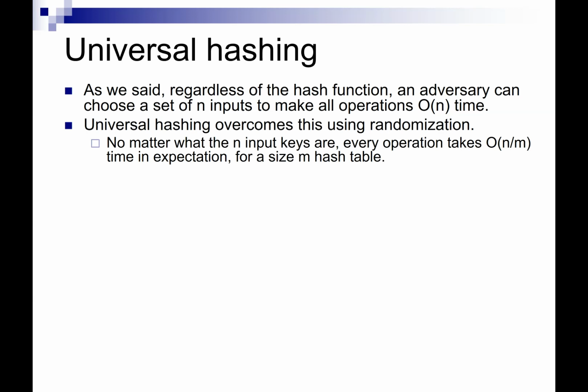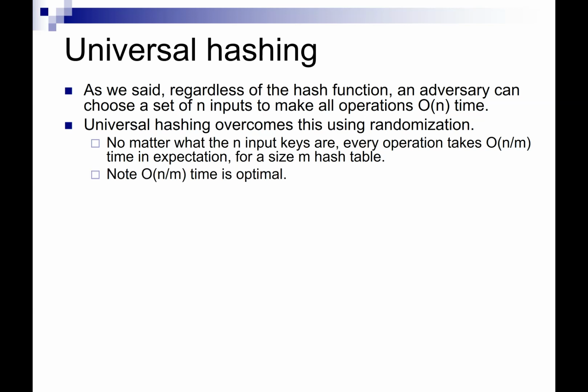So universal hashing is going to be a way to overcome this. It's going to make sure that the operations on average are not going to take order n time. They're going to take order n divided by m time in expectation. n is your number of elements, m is your hash table size. And it's going to do this using randomization.